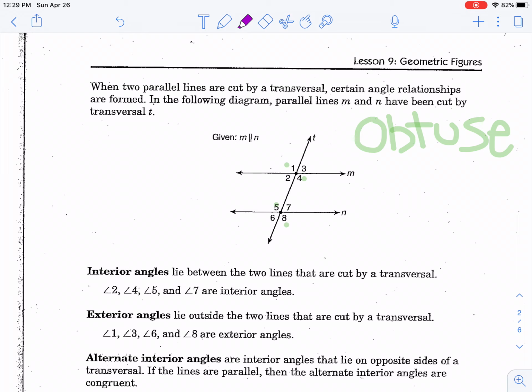So all of the other ones, 3, 2, 7, and 6, are smaller than 90 degrees, so they are called acute. In this diagram, all of the acute angles are going to be equal to each other. They're going to be exactly the same measure, and all of the obtuse angles are going to be exactly the same measure.